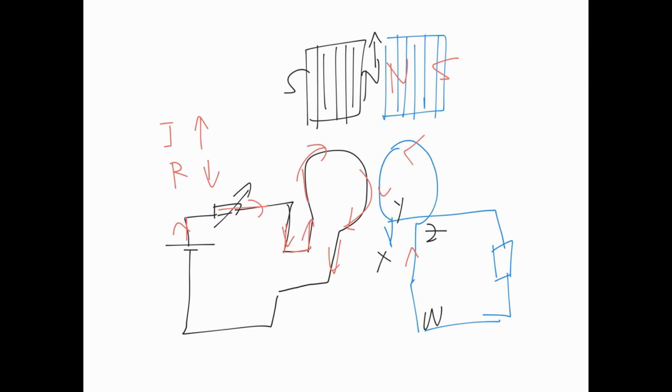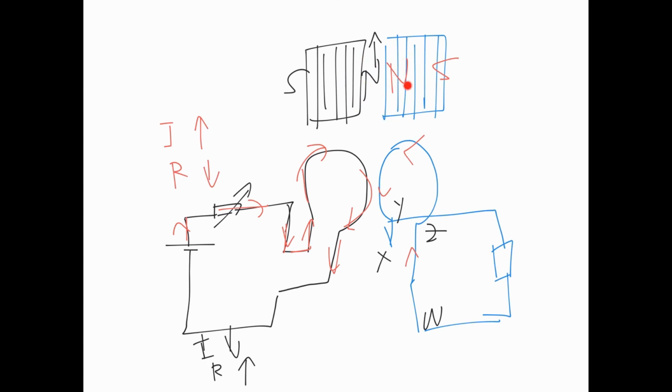But if we reverse this, let's say now we increase the resistance so that the current decreases. Then this side will get less and less north. So this side must try to prevent it from dropping.